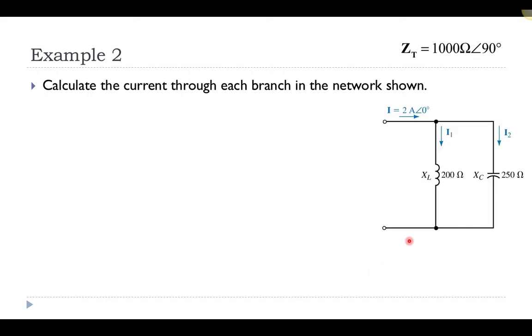All right, so now I've figured out that these two components together are equivalent to one total equivalent impedance, and I can calculate the current through each of these sections by using the current divider rule.